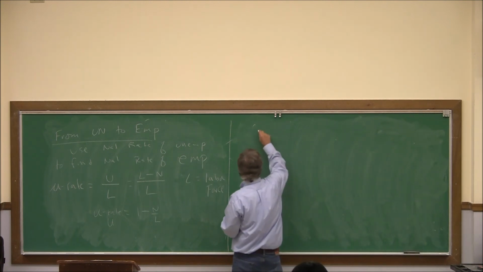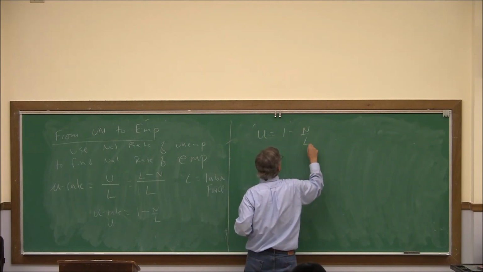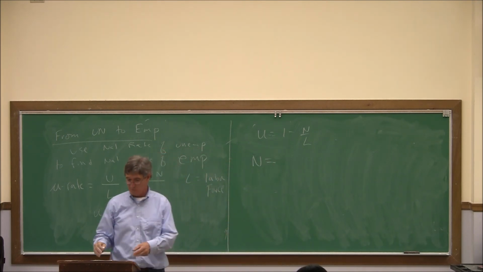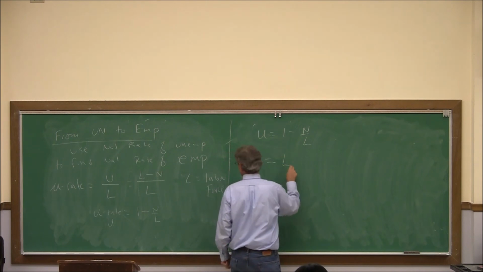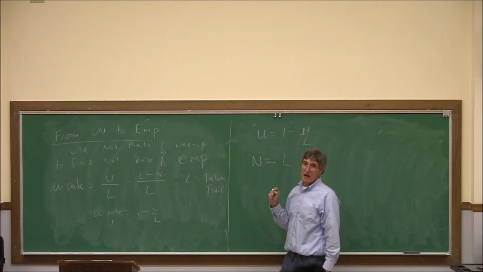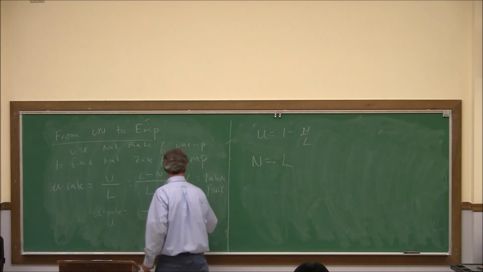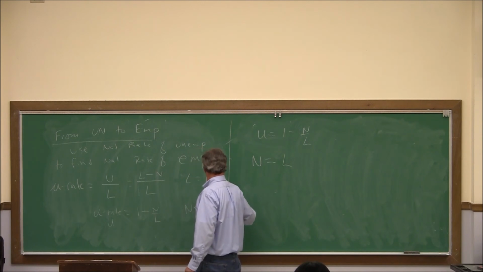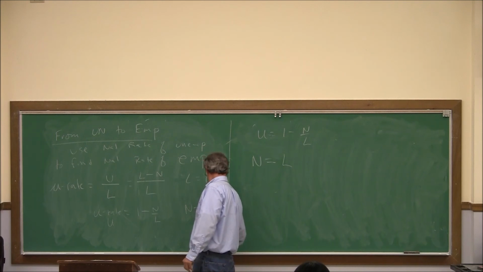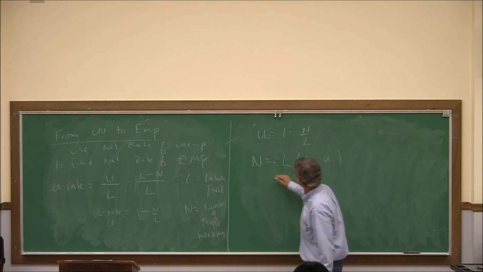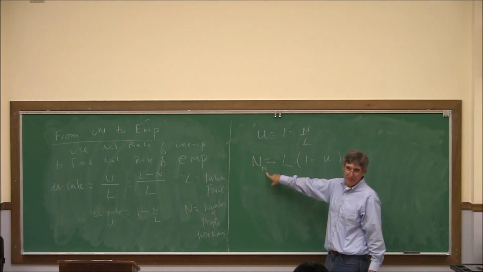So if U equals 1 minus N over L, then N equals, what's N stand for again? N is the number of workers that are employed. Number of people working. So N is L times 1 minus U. So define the natural rate of employment.